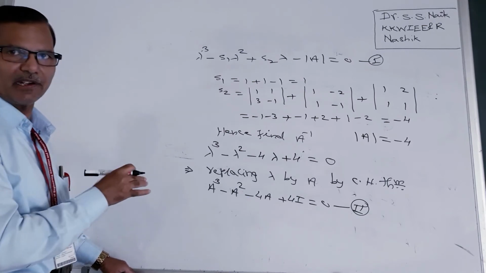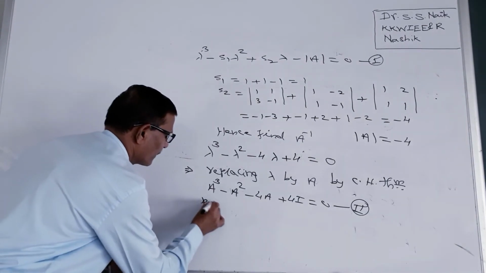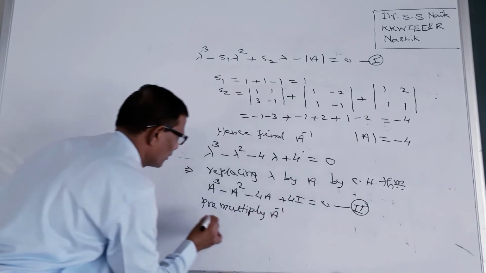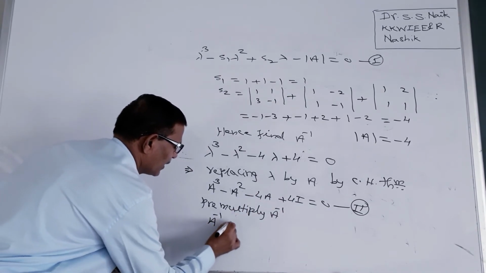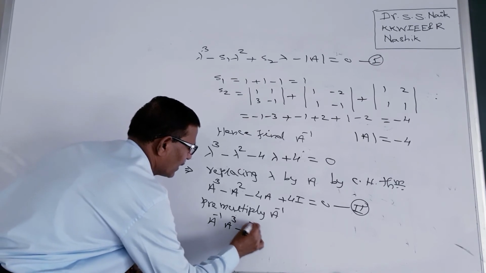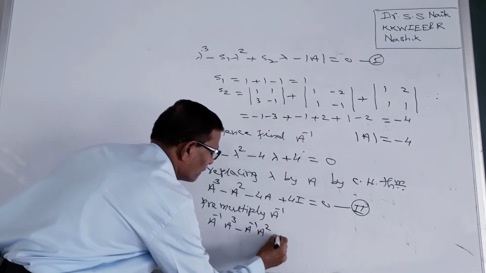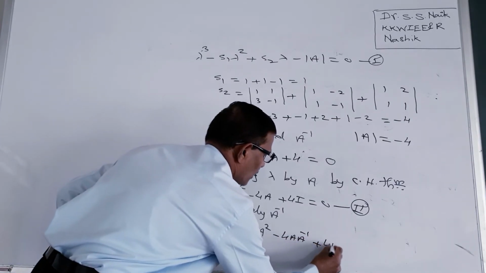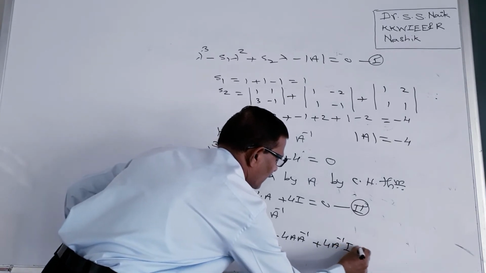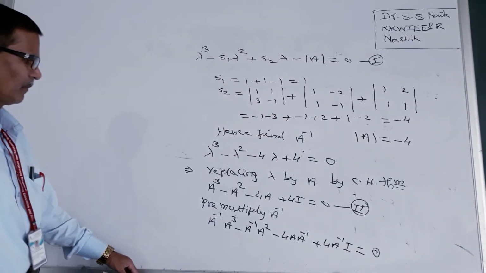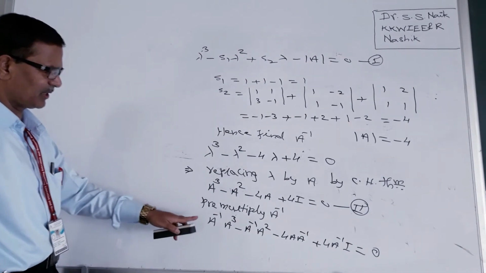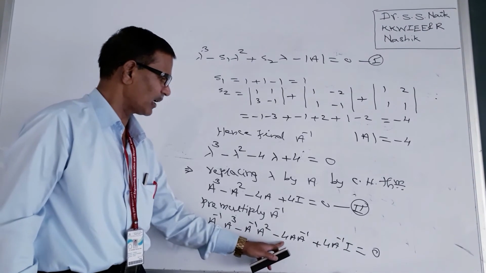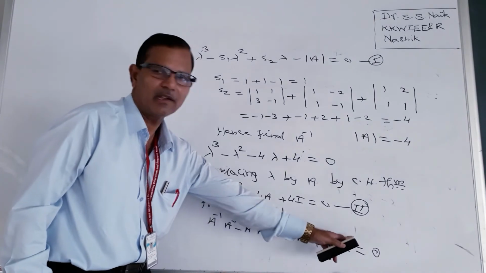So how to find it? Pre-multiply by A inverse. What do you get? A inverse A cube minus A inverse A square minus 4 A inverse A plus 4 A inverse I is equal to 0.